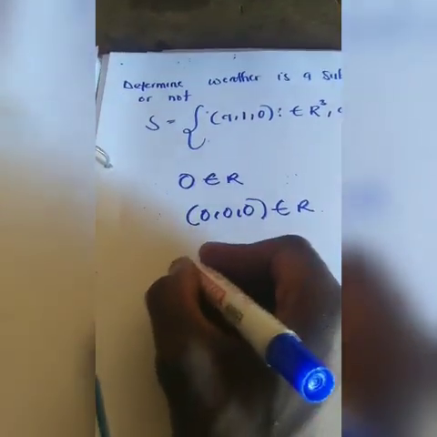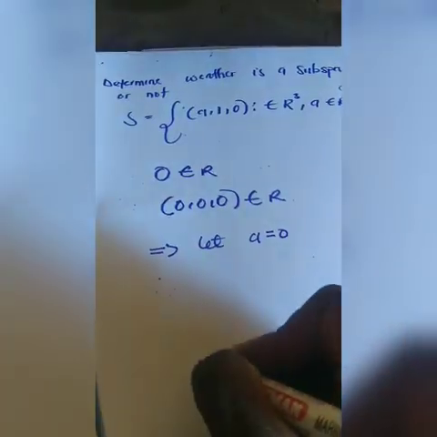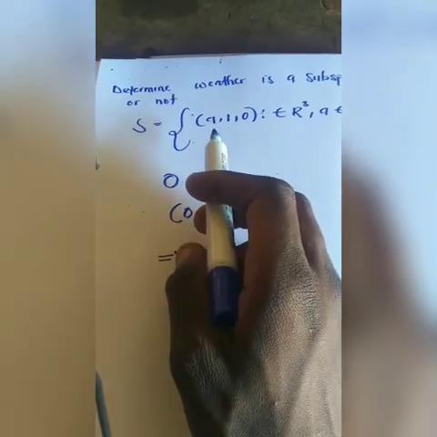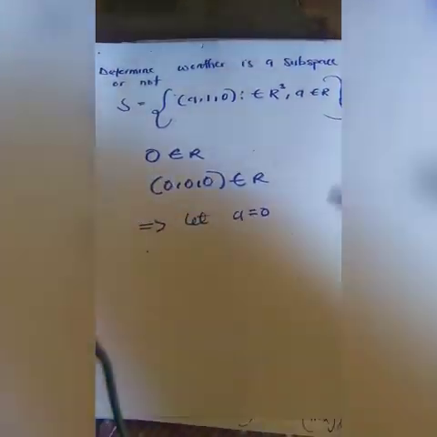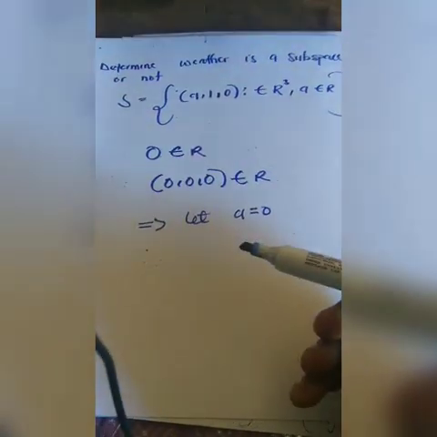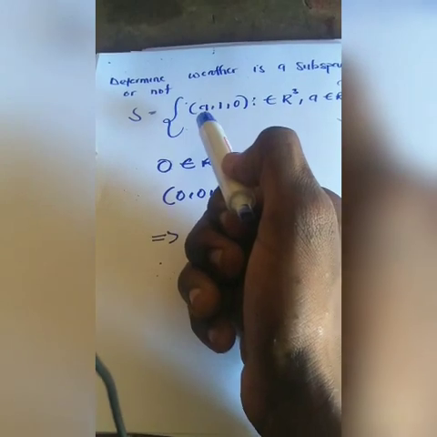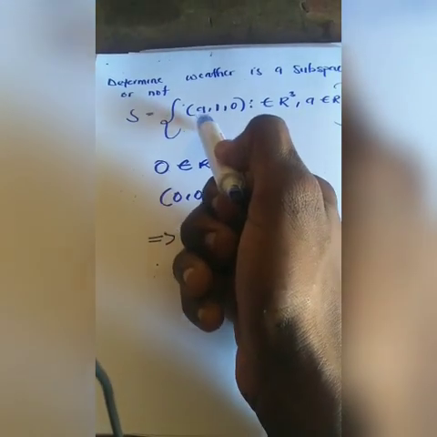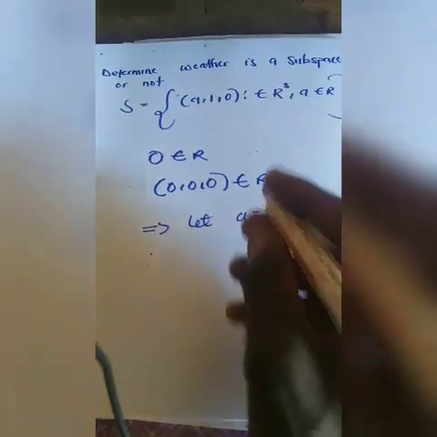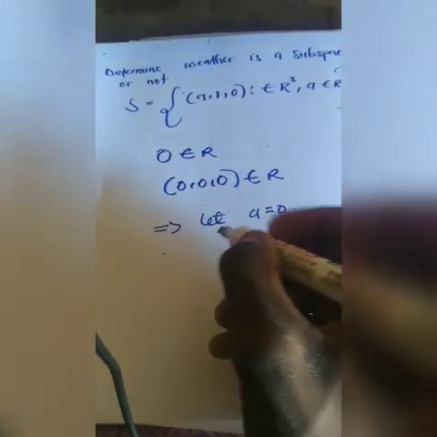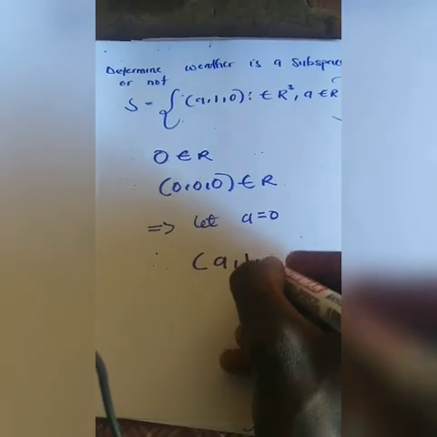So we'll say this implies that let A equal 0. So if that is the case, I'm getting this vector to be A, 1, 0.